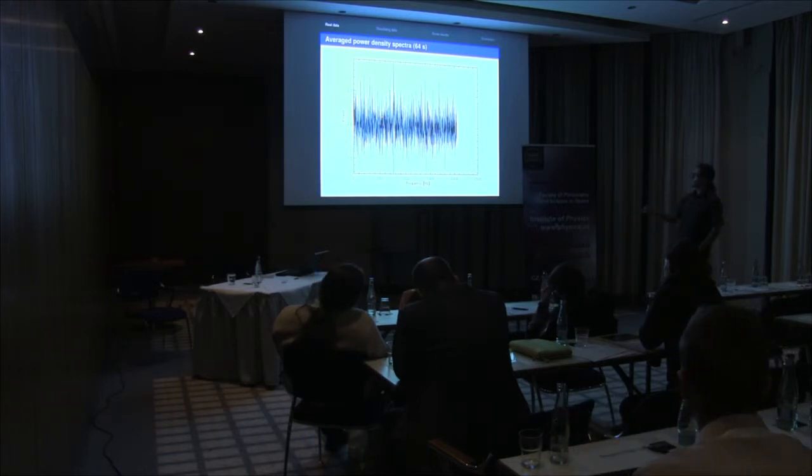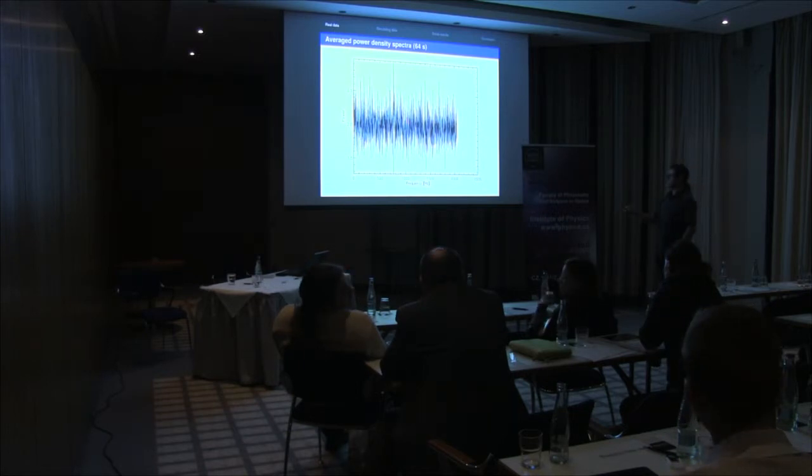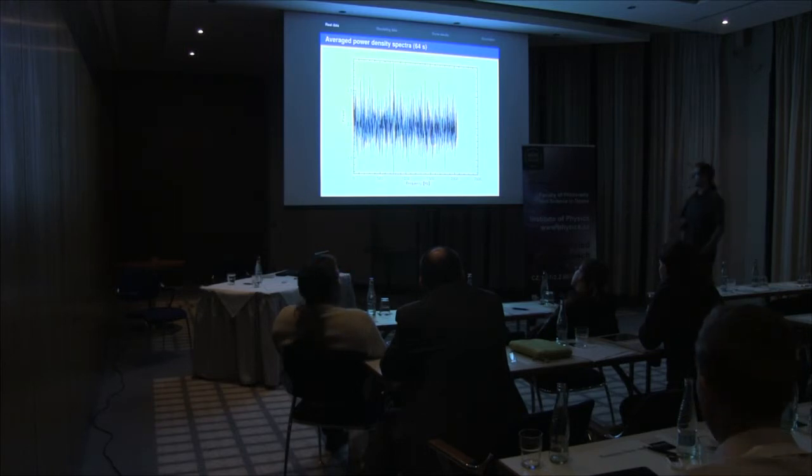And here you can see that there probably is something slightly below 800 Hertz. We can make sure by fitting the power density spectrum, but it's correct, there is a quasi-periodic oscillation at about 800 Hertz.